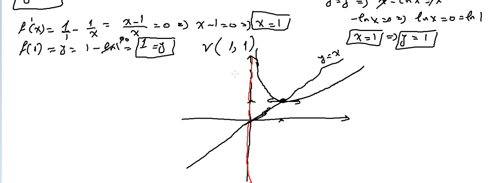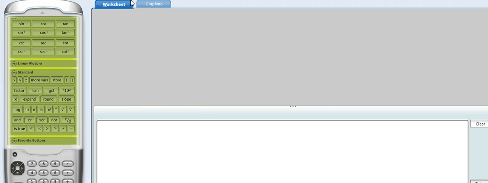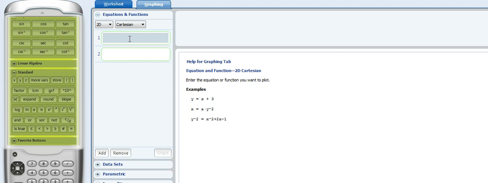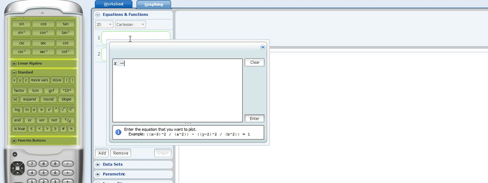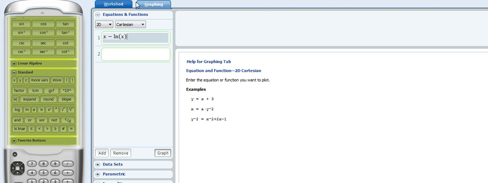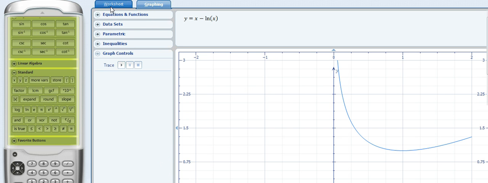Let me try to do it fast because time is over. Let's see the graphing: x minus ln x. Let's directly see the graph. Okay, that's it.